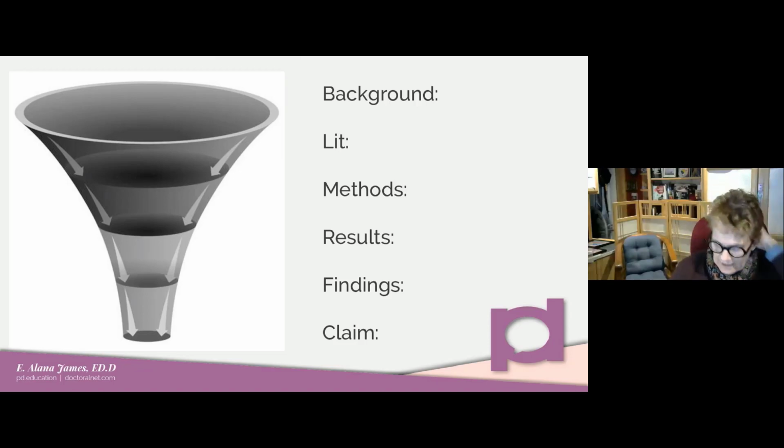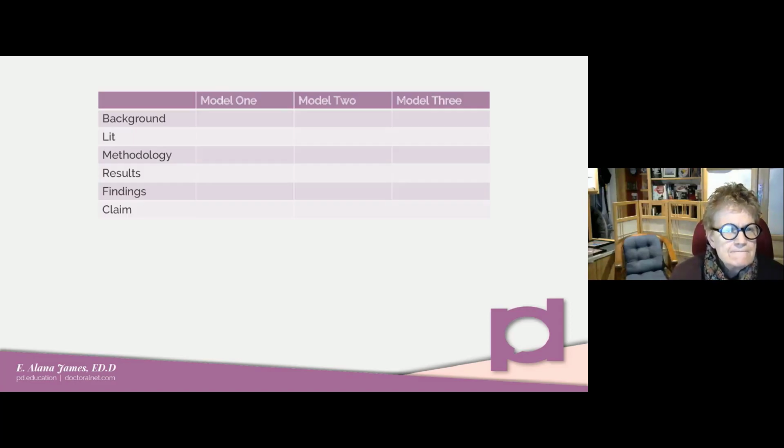Now, any of you who've heard me talk about writing and publication before have heard me talk about the funnel. Your background, your lit, your methods, your results, your findings, all funnel your reader into the claim you are making. So it's good to keep that in mind as we first look at our reader, then we look at our funnel. How are we going to funnel those readers in to where we want them to go?